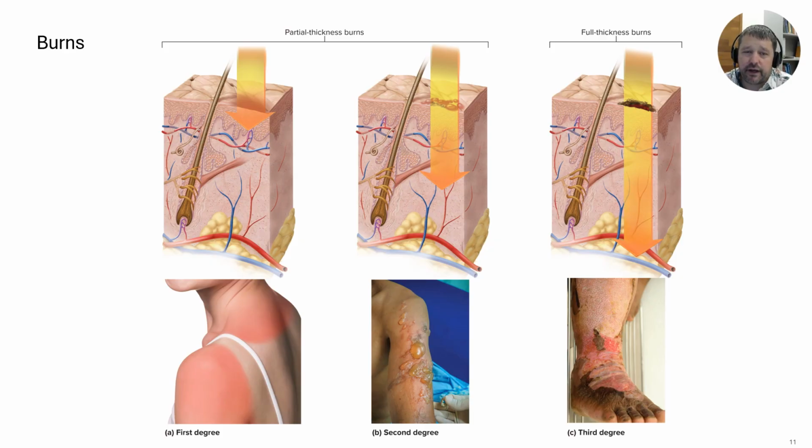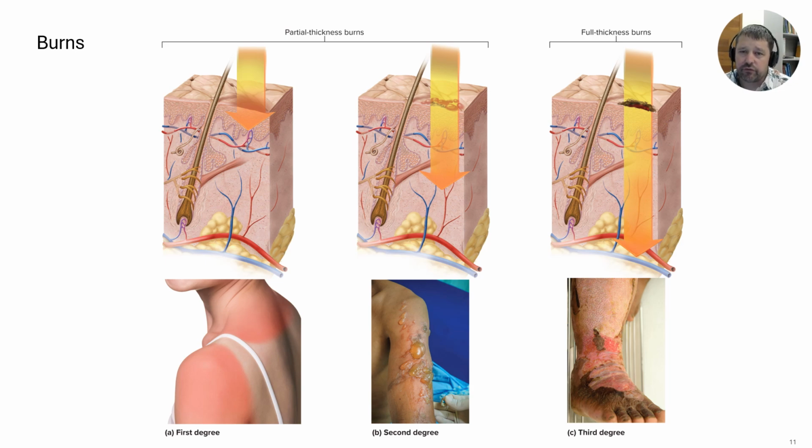So just looking at it from a cross section of skin. Okay, so remember, partial thickness burns may result in scarring, but they don't go all the way through the skin. Your first degree might go into the epidermis and not all the way through.